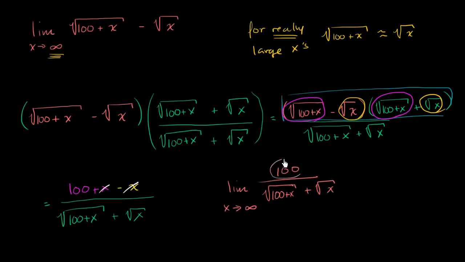This numerator just stays at 100. But our denominator is just going to keep increasing. It's going to be unbounded. So if you're increasing this denominator while you keep the numerator fixed, you essentially have a fixed numerator with an ever increasing, super large, or infinitely large denominator. So that is going to approach 0, which is consistent with our original intuition.